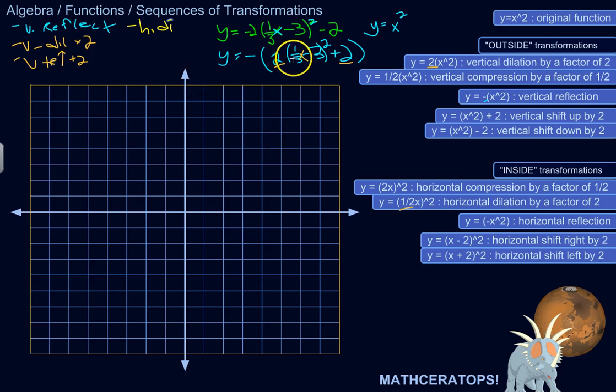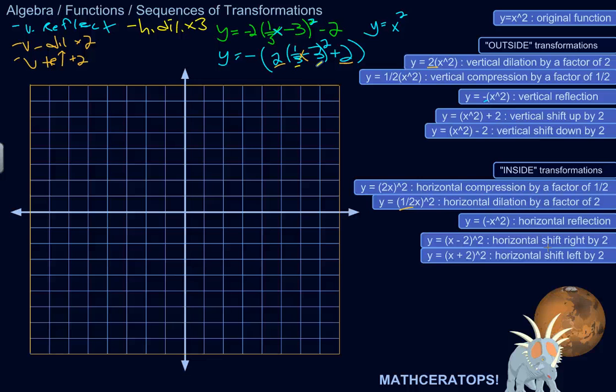So by a factor of 3. So I'm going to dilate it and make it 3 times as wide as it was. So that's this piece. And then finally, x minus 3. It's a horizontal shift to the right by 3.